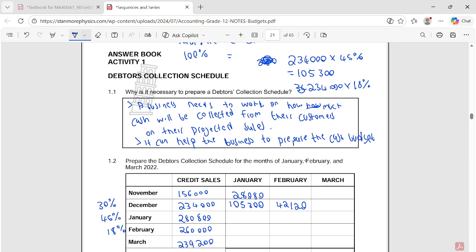Now let's go to the month of January, right? So the month of January is already here, so therefore the 30% that is paid in the month of January we're taking into account. And then there was a 5% discount there. This thing doesn't want to erase. Let me write on the other side. What is the amount of January? 280,800.